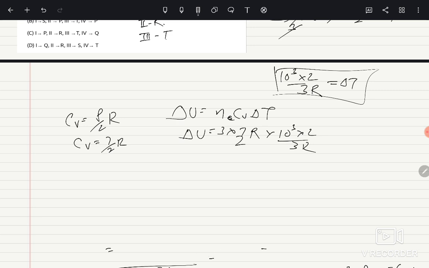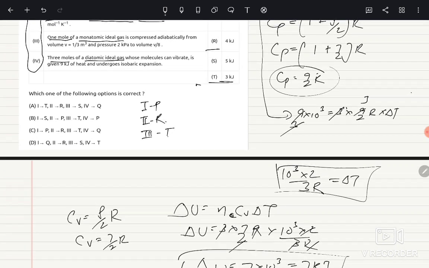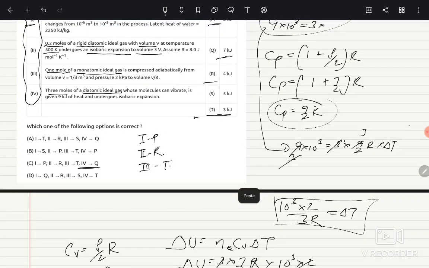So 3 and 3 cancel out, R and R cancel out, 2 and 2 cancel out. So delta U will be 7 into 10 to the power 3, which is equal to 7 kilojoule. So this is the answer for the fourth one, 7 kilojoule, which is option C. So C option is correct.